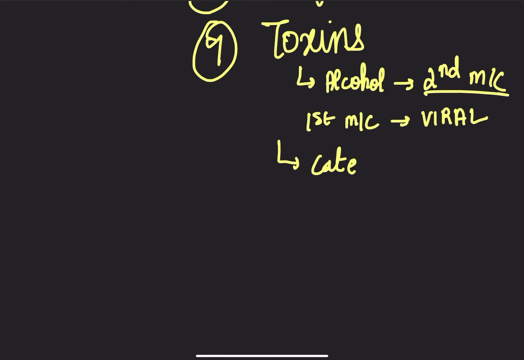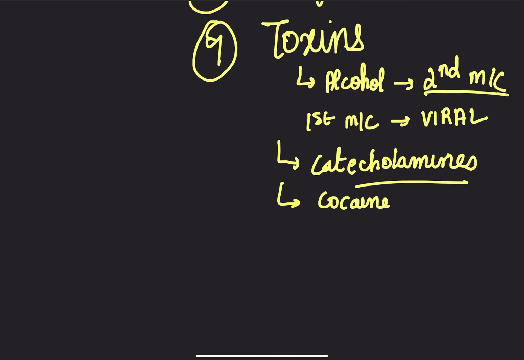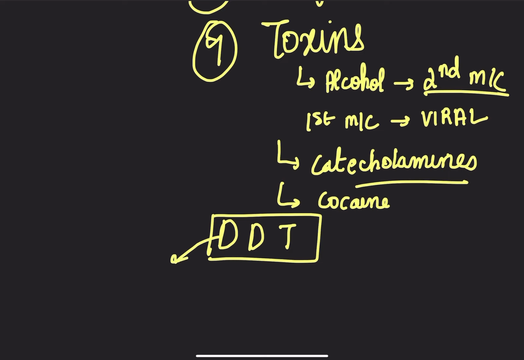So in excessive stress, there can be dilated cardiomyopathies. And then we have cocaine. And there are three drugs that we need to know. There's a mnemonic to follow, that is DDT. DDT, you all know, is a pesticide. So the three drugs are doxorubicin.